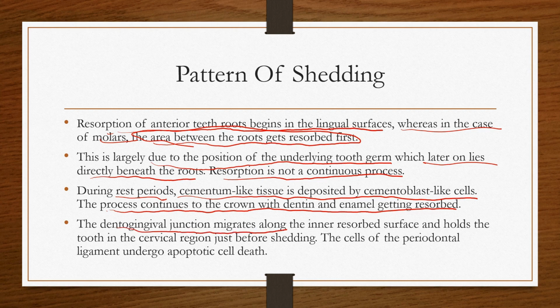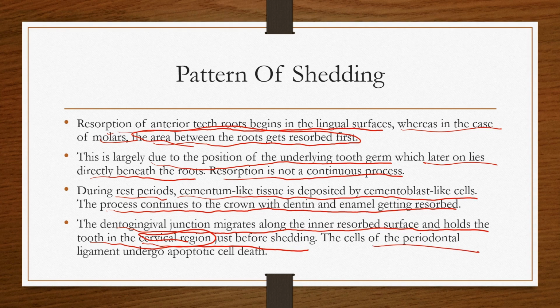The dentogingival junction migrates along the inner resorbed surface and holds the tooth in the cervical region just before shedding. So why don't they fall off on their own, and why do we sometimes have to remove them forcefully? Because the gingiva, or the gums, hold the resorbed crown from the cervical region. That's why it's hard to shed them off easily.